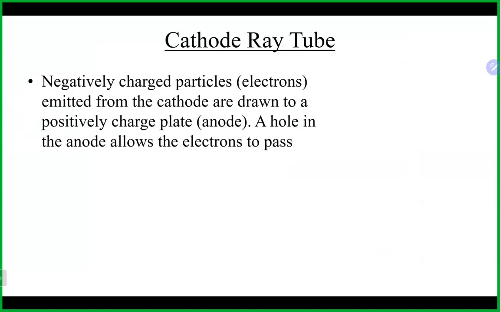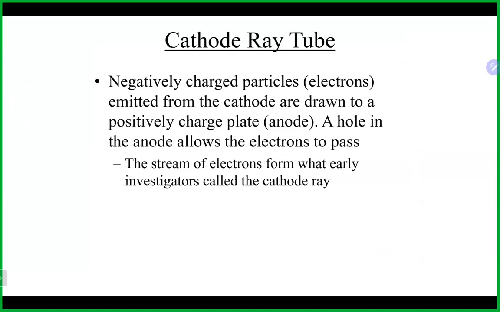And the cathode ray tube, as I mentioned, is basically filled with negatively charged particles like what we assume the electron is. It has those charged plates, which allow it to flow from the negative side to the positive side, which is known as the anode.